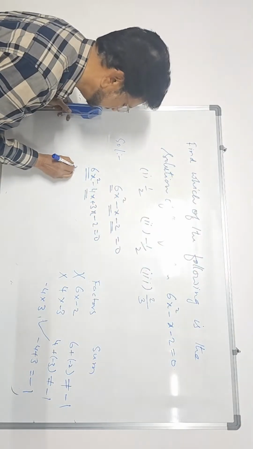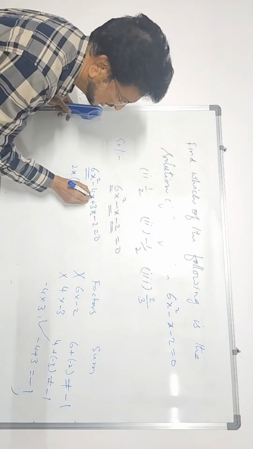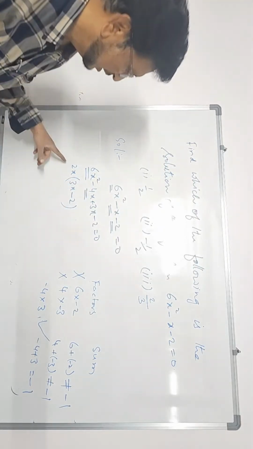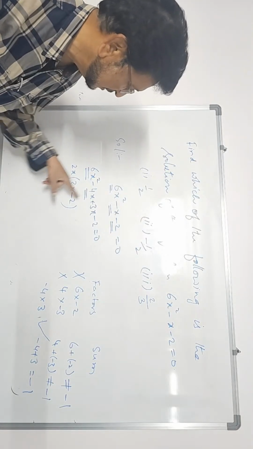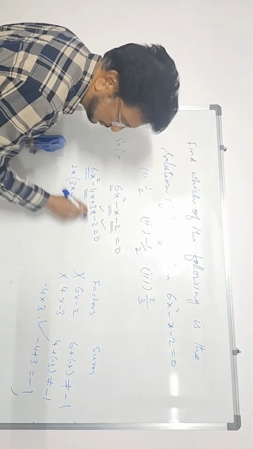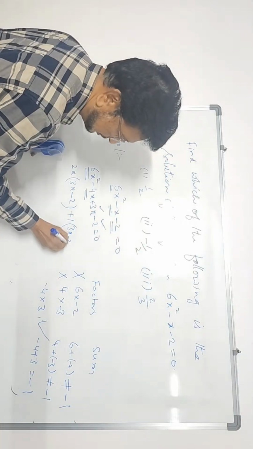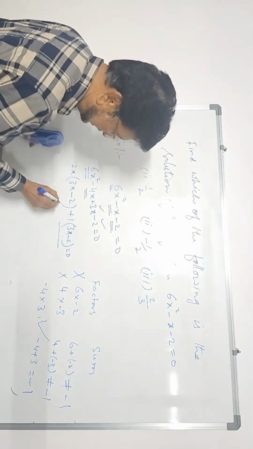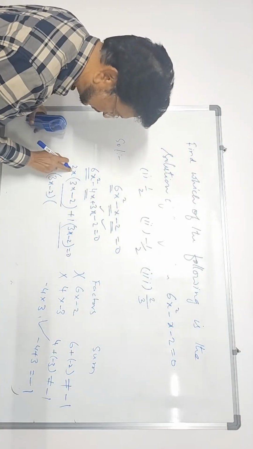Means you can take 2x common, 3x minus 2. If you multiply, you will get the same: 2 threes are 6x square, 2 twos are minus 4x. Here what do you take common? Nothing is there to take common. You can take plus 1 common, 3x minus 2. Again this is common. 3x minus 2 into 2x plus 1.